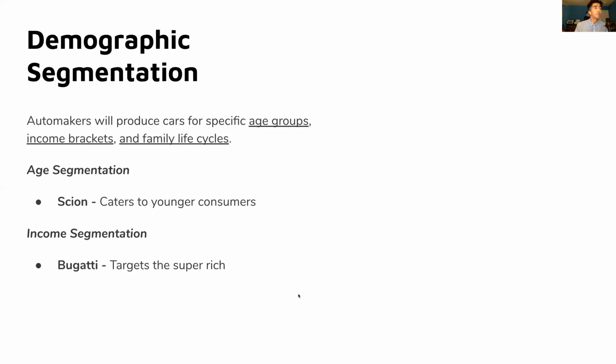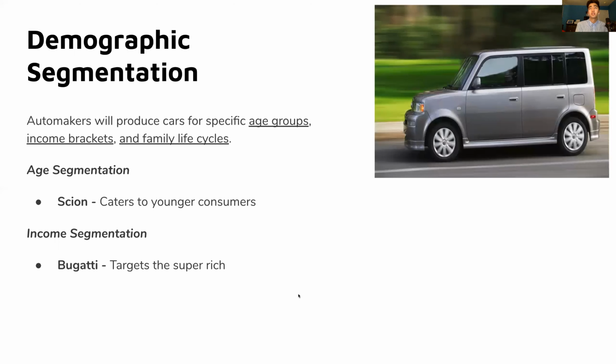A great example would be Scion, which is a discontinued brand of Toyota that debuted in 2003. They intended to appeal to younger customers, emphasizing inexpensive, stylish, and distinctive sport compact vehicles. So if you look on the top right, this is the Scion XB, which is a box car.